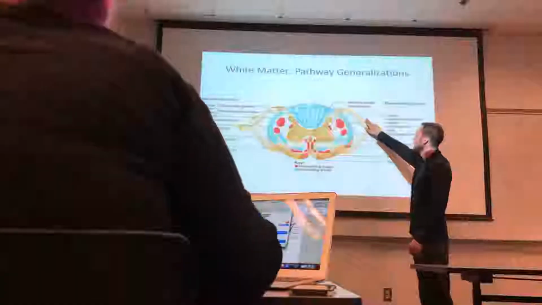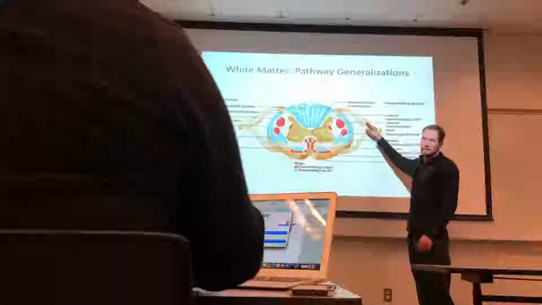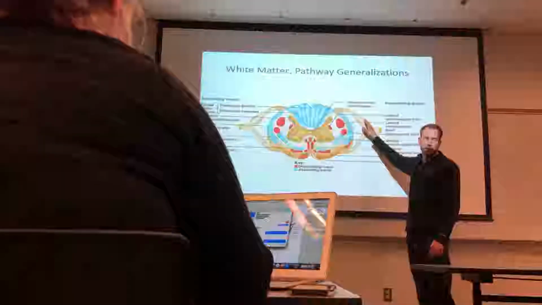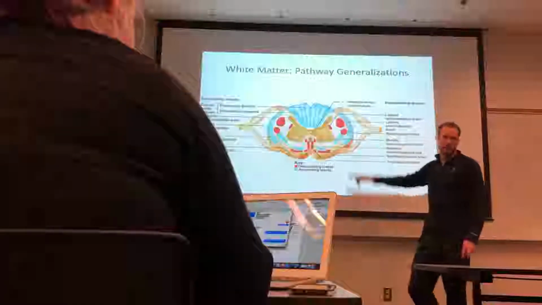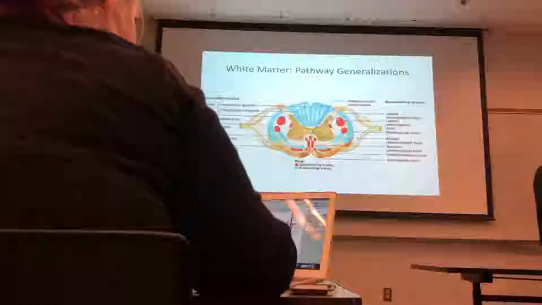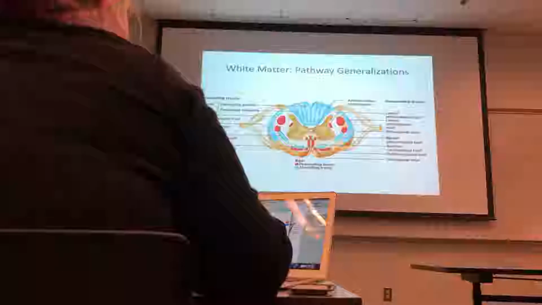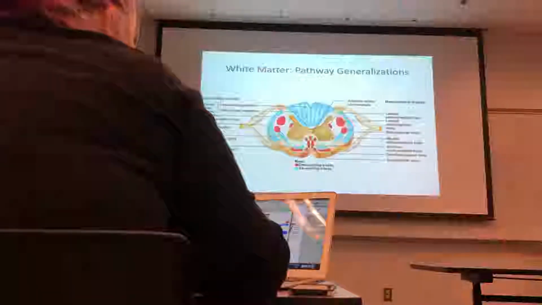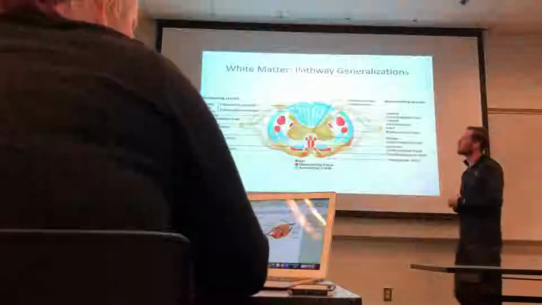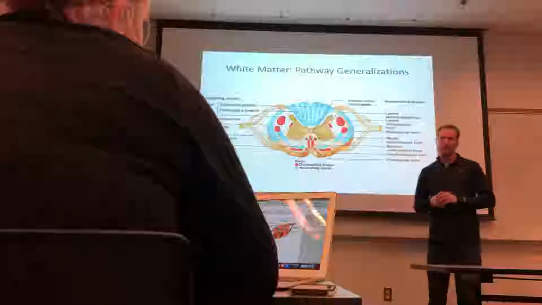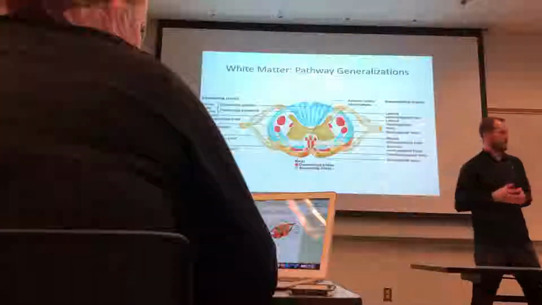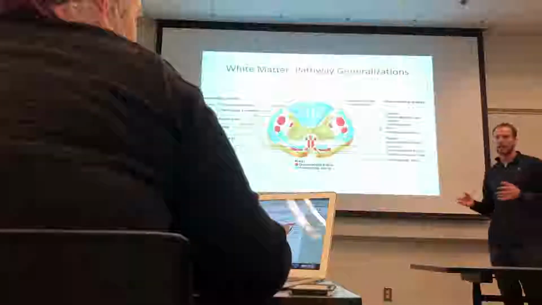Note that the dorsal root has a ganglion, the dorsal root ganglion. And what did we say a ganglion was? A collection of cell bodies in the peripheral nervous system. In the central nervous system, a collection of cell bodies is called a nucleus.